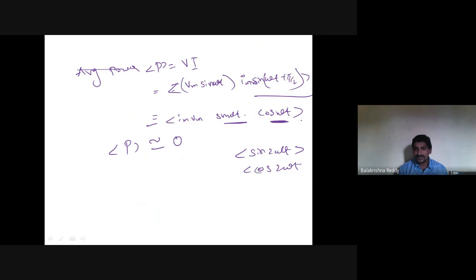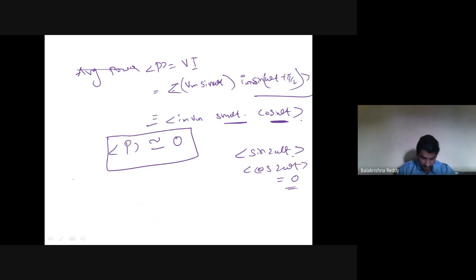So average power is 0 in the capacitor circuit also.